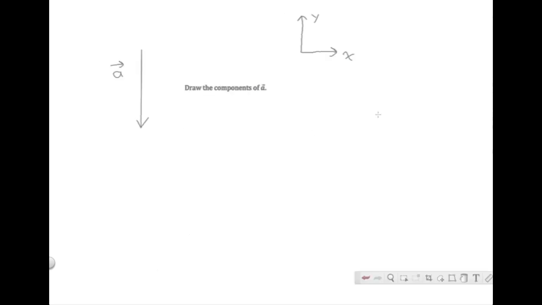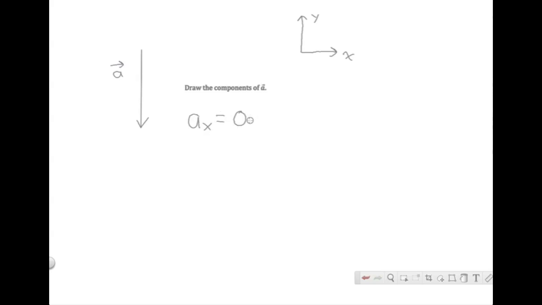Pause the video and try this problem. Okay, well, notice that in this case, A is anti-parallel to the y-axis. And what that means is that there is no x component. So the x component here is 0, which means you can't draw it. You can't draw a 0 vector.